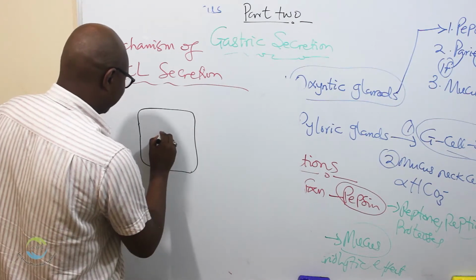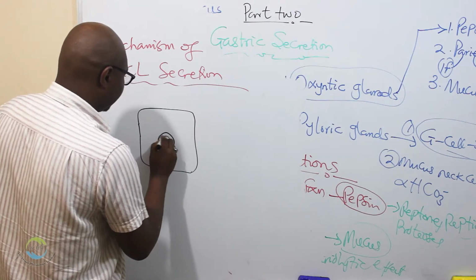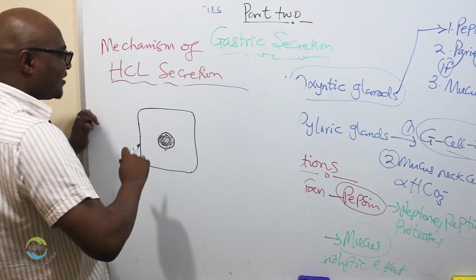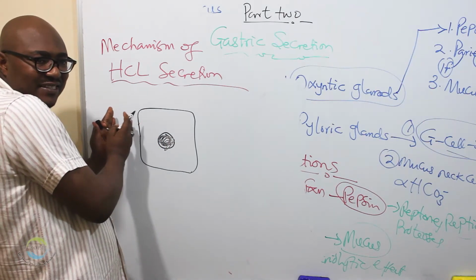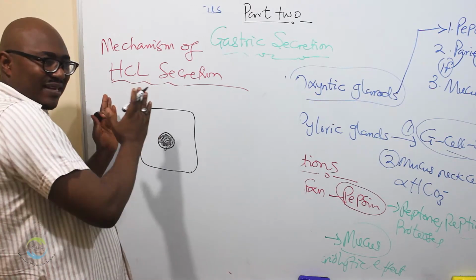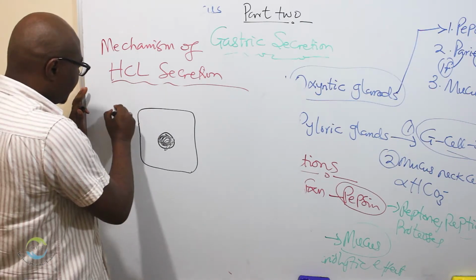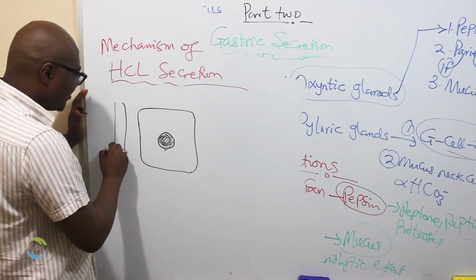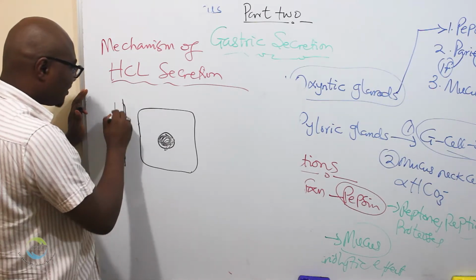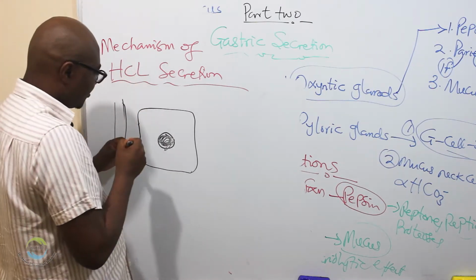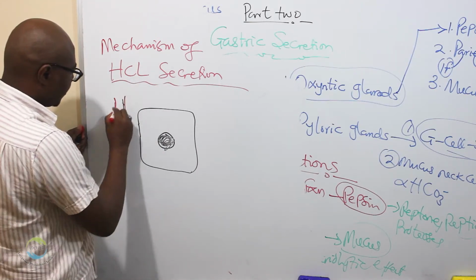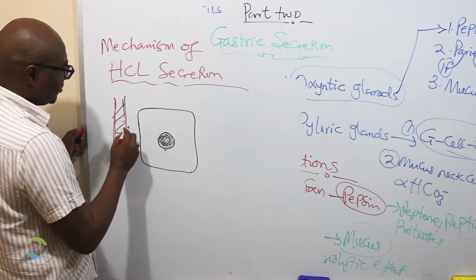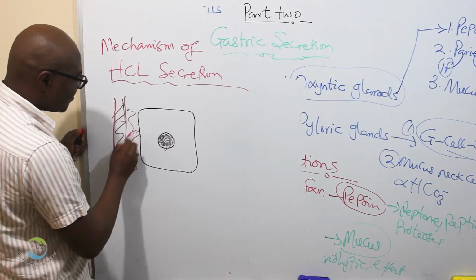Okay? So in a cell like this, you have the part that faces the blood. We call it the basolateral membrane. Okay? Remember the basic principle of secretion in part 1 of the lecture. So this is the blood vessel, the capillary. Then this is the basement membrane.